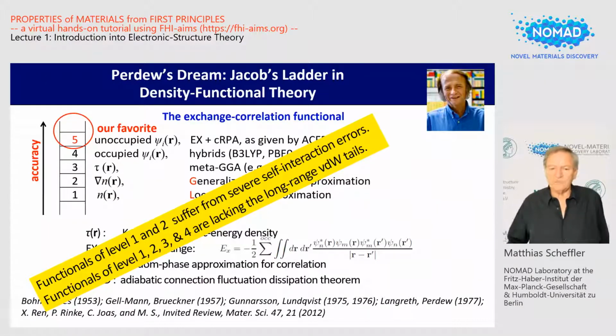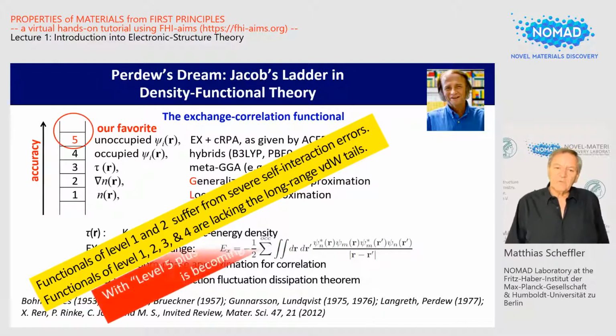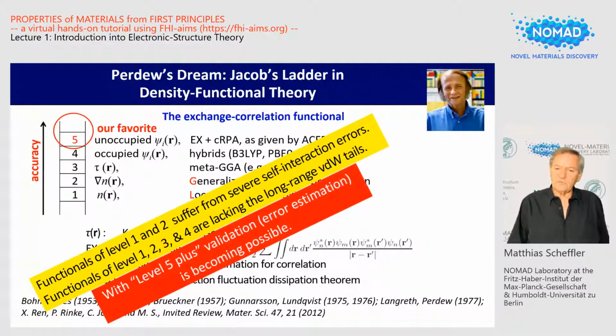Alexandre Tkatchenko and colleagues and other people and Grimme have added basically the tails to it. That works. It's somewhat a pragmatic solution. But with level 5, we are at a situation now that we have a validation possibility. We can, in fact, estimate our errors. Still, I would say it's not the exact treatment. If you really want an exact treatment, it would be good if coupled cluster theory would be possible.